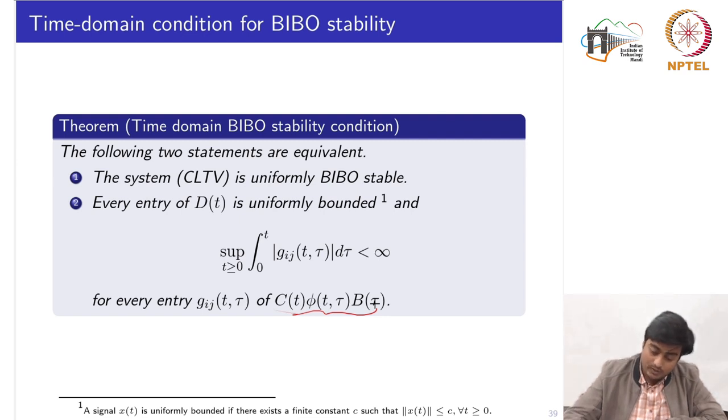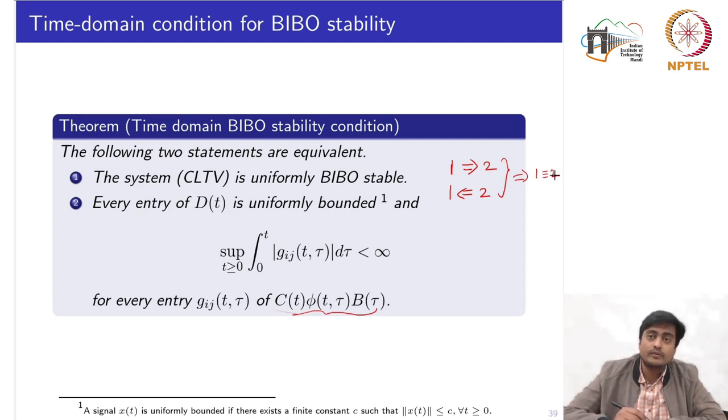Again we will see the proof in two parts. When we say that these two statements are equivalent, we actually want to show that 1 implies 2 and 1 is implied by 2. Once we have proved both implications, it means 1 is equivalent to 2, and this is what the key result speaks about.